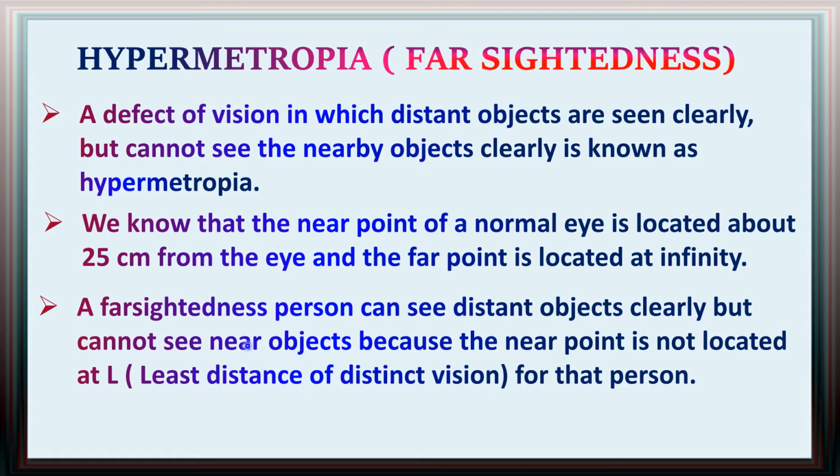But here the minimum focal length is more than 2.27 centimeters. Hence, the images of nearby objects will be formed behind the retina. So those images are not seen clearly. Okay.